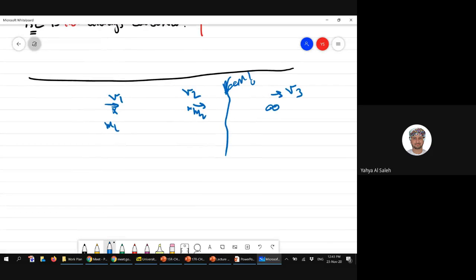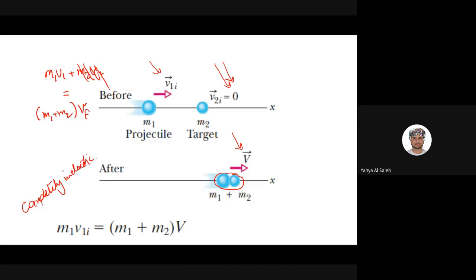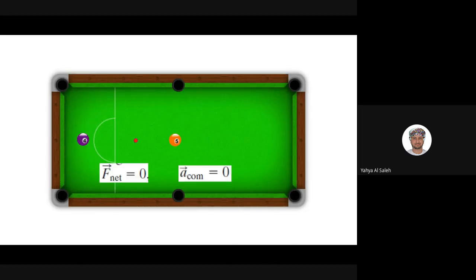Now, in this case, our equation will be m1 v1 plus m2 v2 equals m1 plus m2 v3. This does not go to 0. If initially it's 0, we can put this as 0. If not, then not. Okay. Depends on the situation.